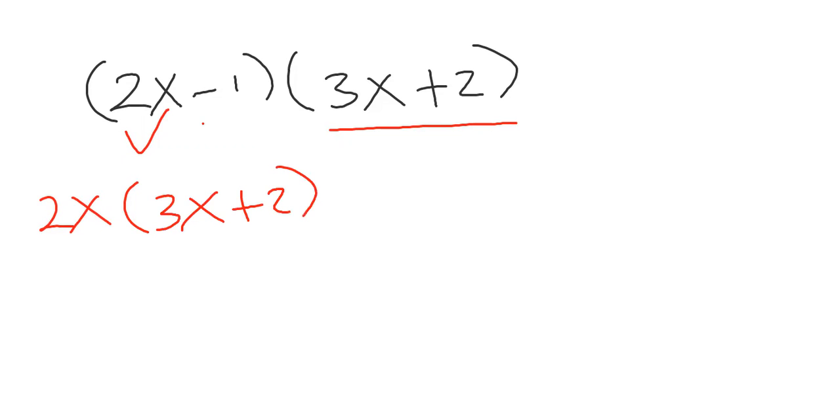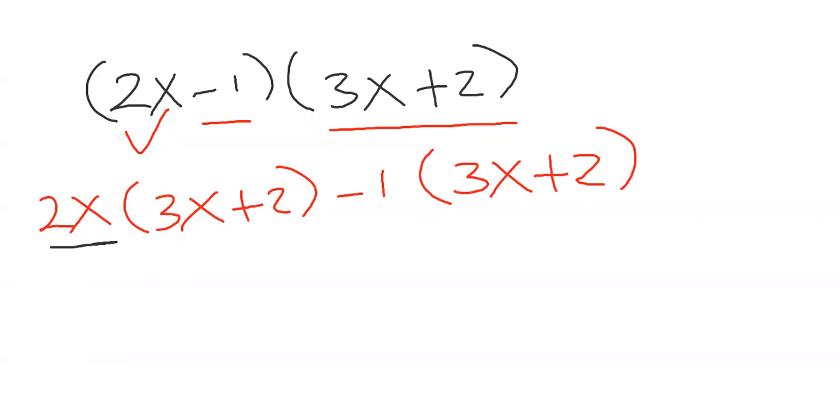Then from there, we take the negative 1 and multiply it by 3x plus 2. After that, we now remove the brackets.